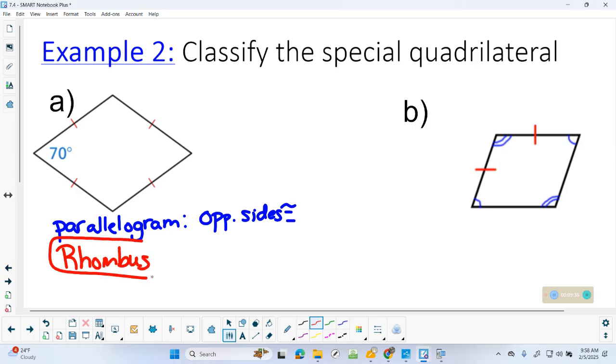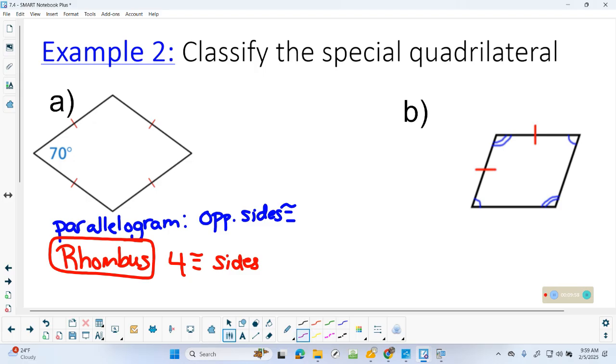So I'm going to put my best and final answer: a rhombus is a parallelogram, but it has those 4 congruent sides. Now, it doesn't ask you to explain, but you know I can't help myself. I'm going to write behind it, 4 congruent sides, just for my little explanation. You just need rhombus, but you know, I get carried away. I can't help it. Okay, let's look at B.